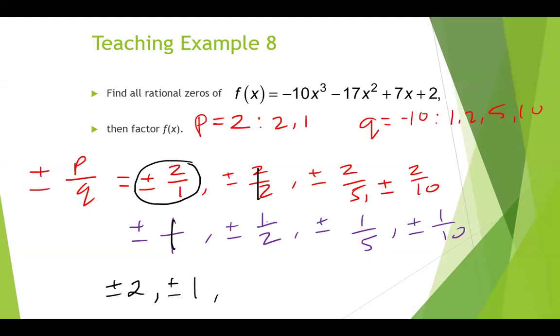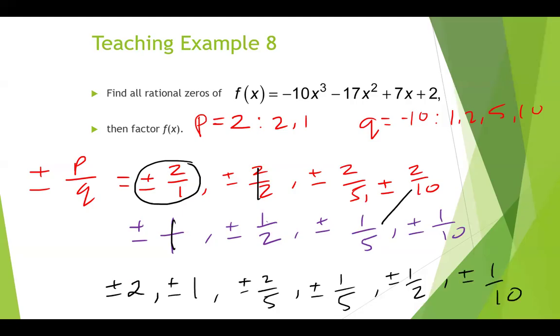We have 2/5, and it's the only one, plus or minus 2/5. We have 2/10. Is 2/10 the only one? 2/10 and 1/5 are one and the same, so we have plus or minus 1/5. We have 1/2, and we have 1/10.